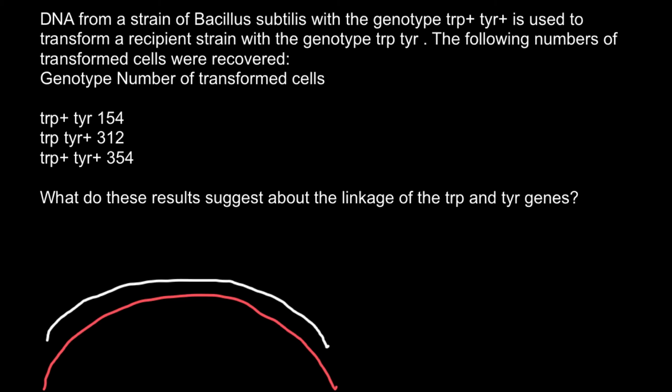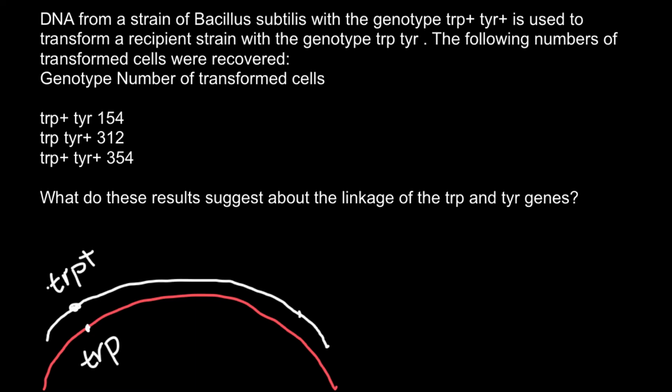So what might happen? For example, imagine that here we would have a locus for a gene that is going to be tryptophan, so TRP positive here, and the recipient would have TRP negative.